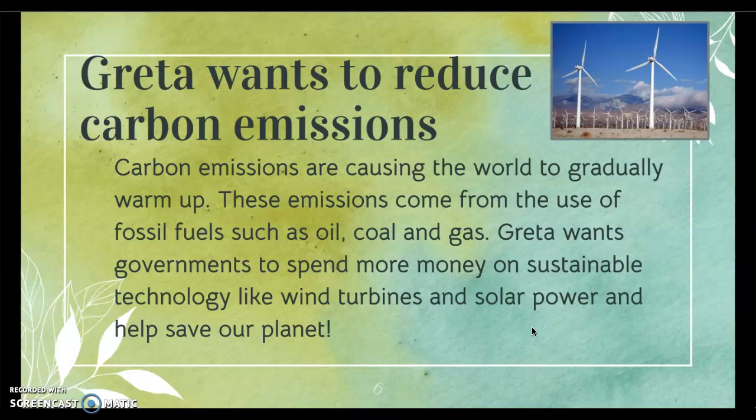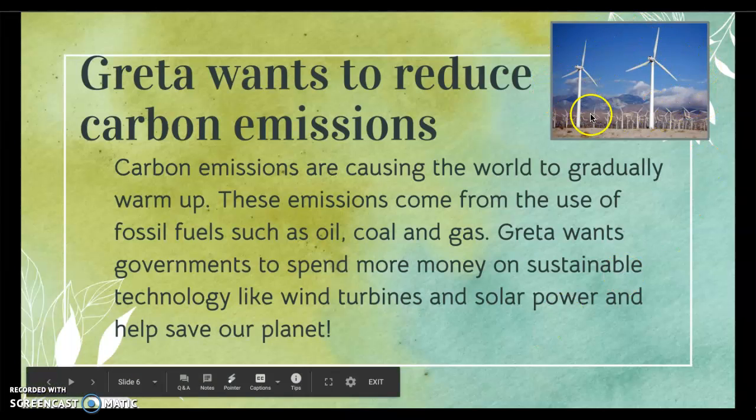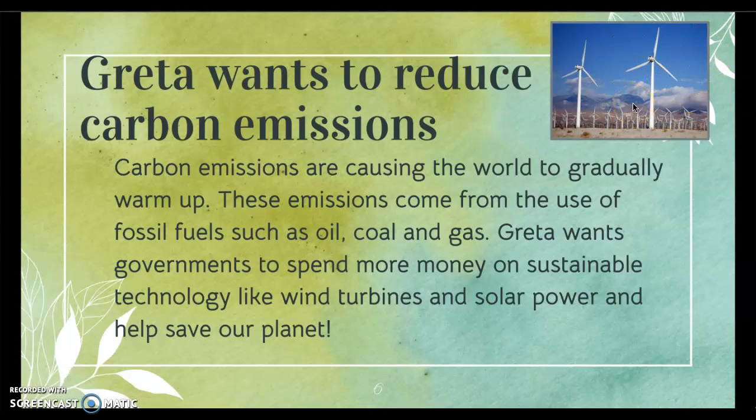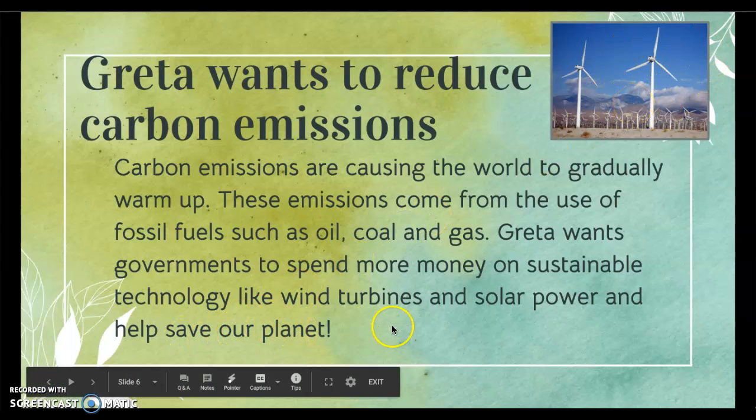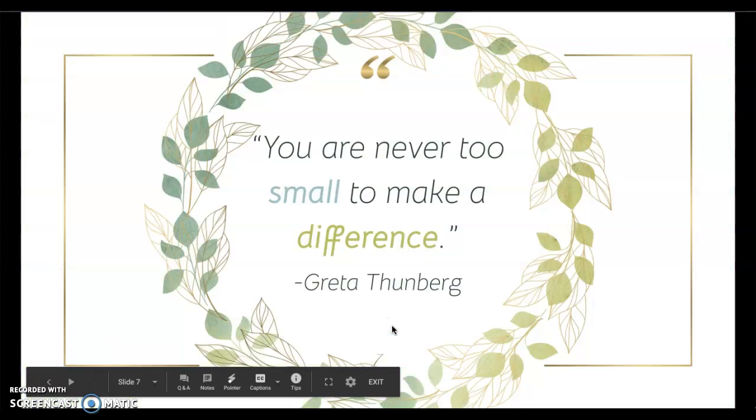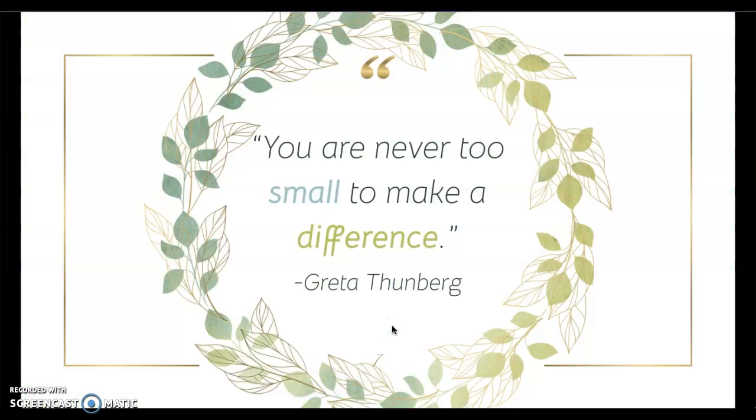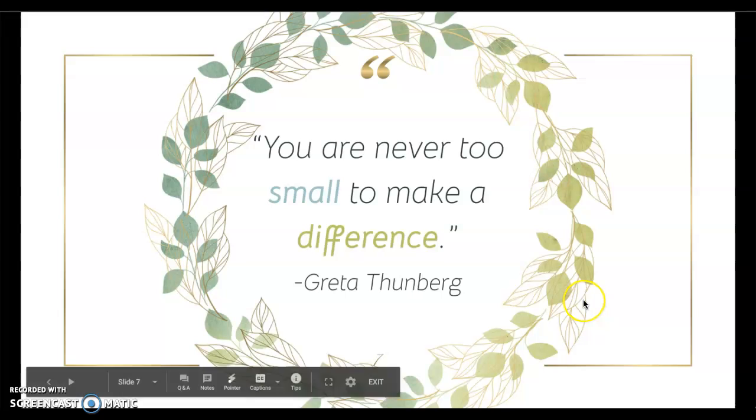So Greta really wants the government to spend more money on sustainable technology like wind turbines or solar power so that our planet can be saved. And I just added in a quote by Greta, which is so good: You are never too small to make a difference. And that's Greta Thunberg.